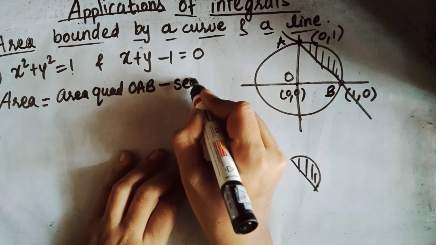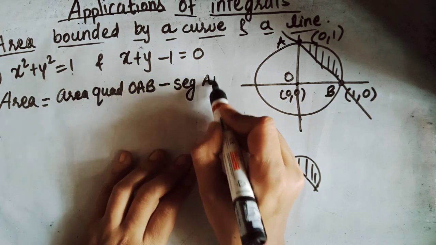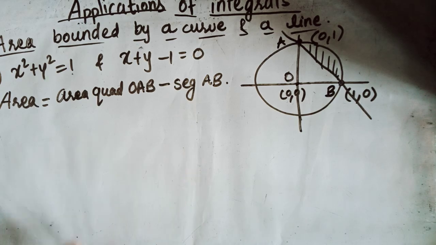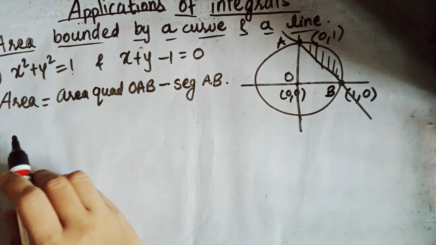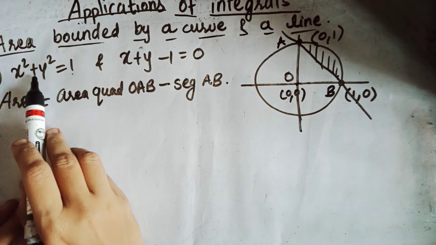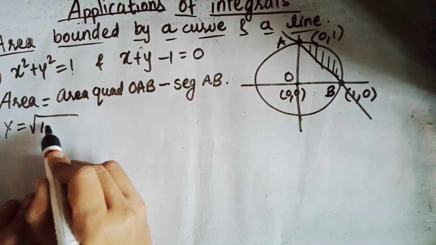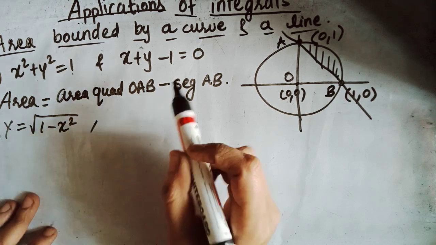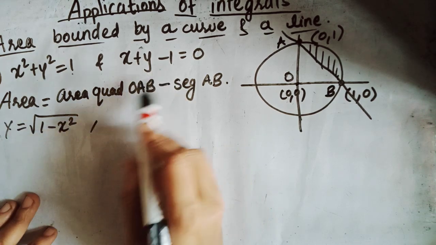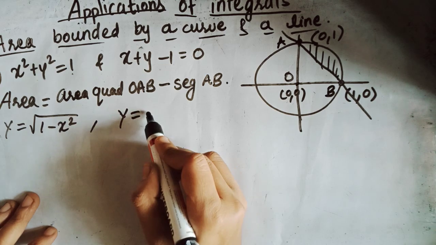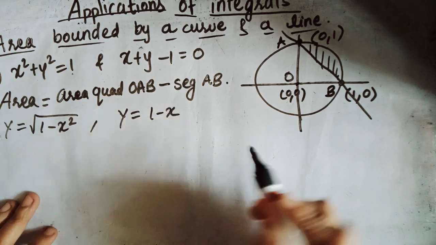So minus segment AB part. Okay, so we'll write everything in terms of y. So your circle becomes y equal to root of 1 minus x square, and your line becomes y equal to 1 minus x.